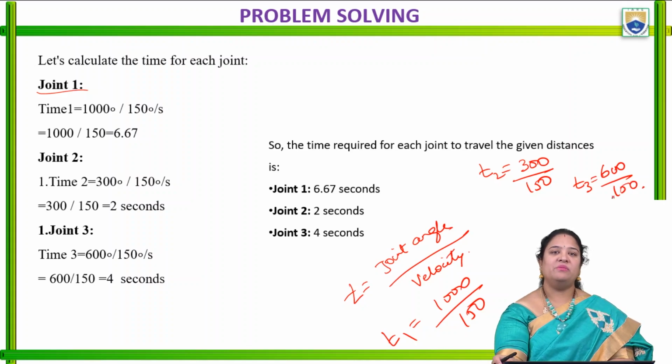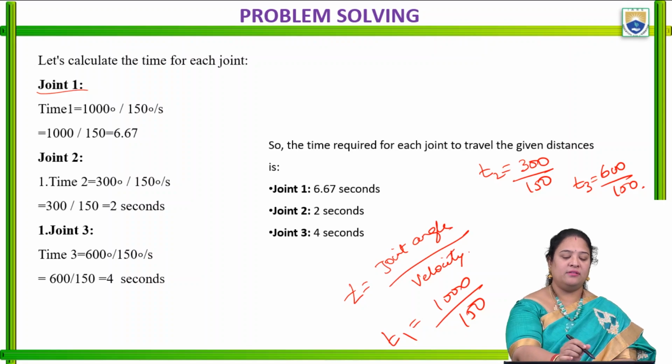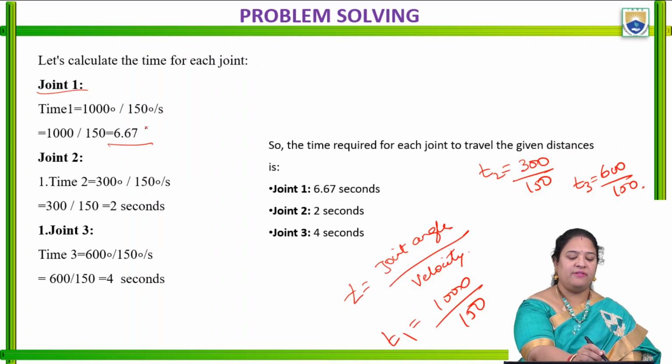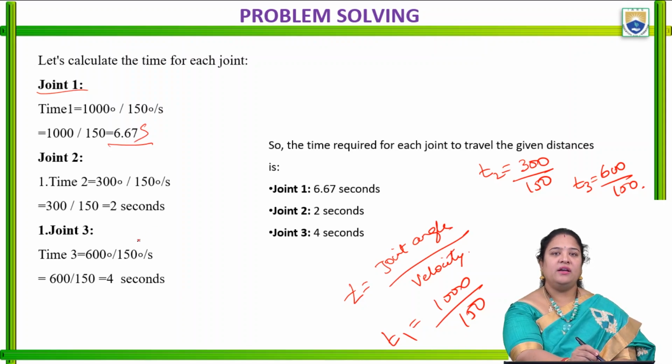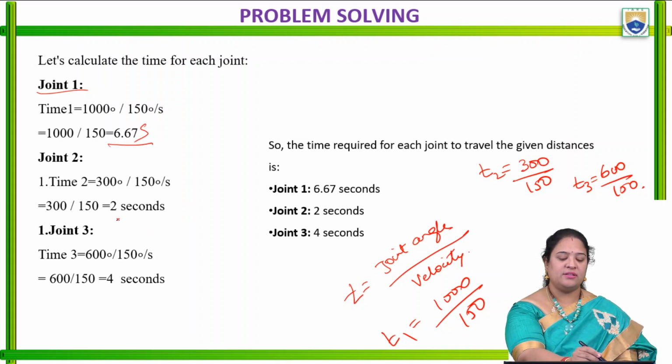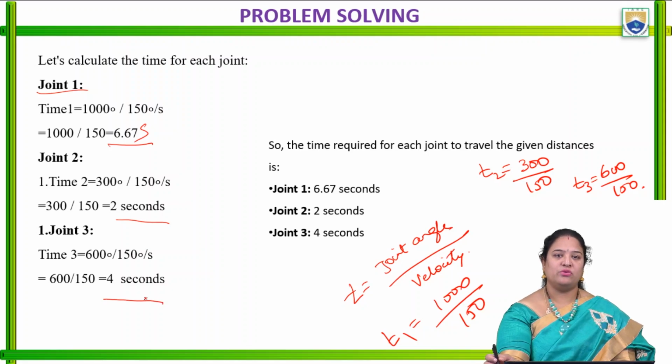In this form, we calculate the time at each joint, and the time for joint 1 is 6.67 seconds, right? And the time for joint 2 is 2 seconds, and the time at joint 3 is 4 seconds. So at joint 1, 6.67 seconds, joint 2, 2 seconds, and joint 3, 4 seconds.